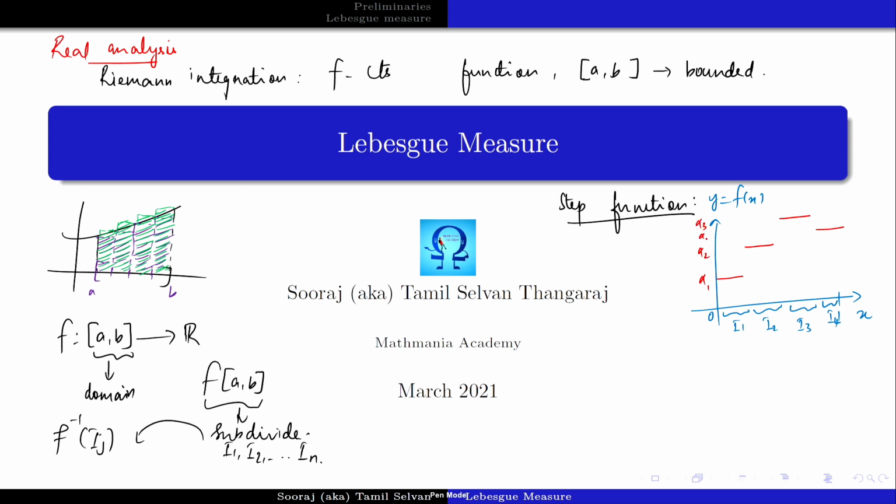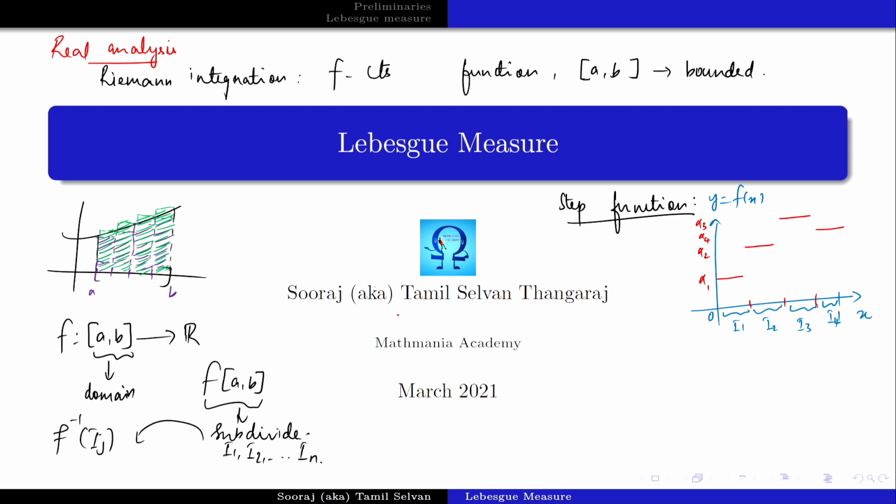Or you may write it the way you want. Here we have divided the interval 0 to 1 into 4 subintervals. Your step function means what? This function is not continuous, but it is defined on a bounded interval. It has only jump discontinuities, hence the integration value can be found.